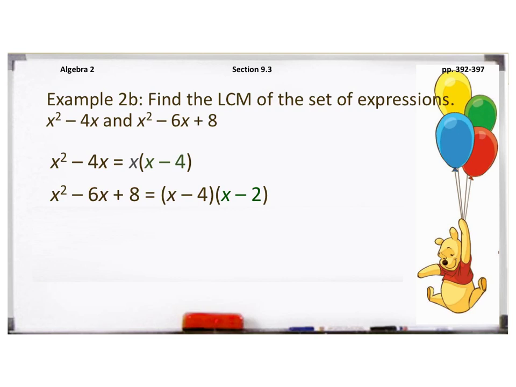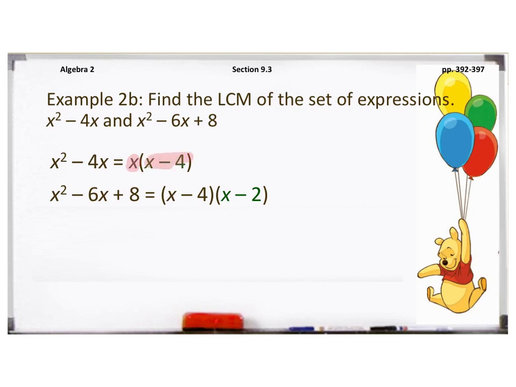Okay, find the lowest common multiple of these. So I factor each one, and I'm looking for a number that has a minimum number of each of these factors in it. So I'm going to have x.